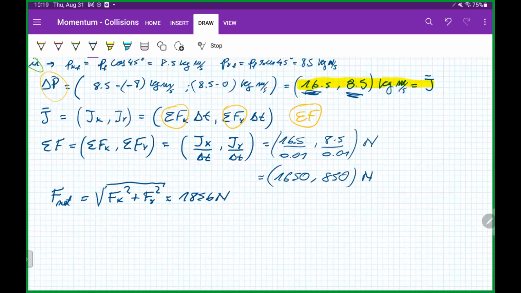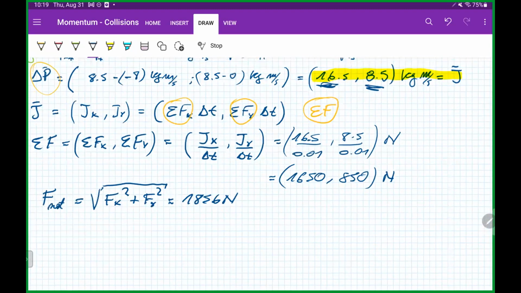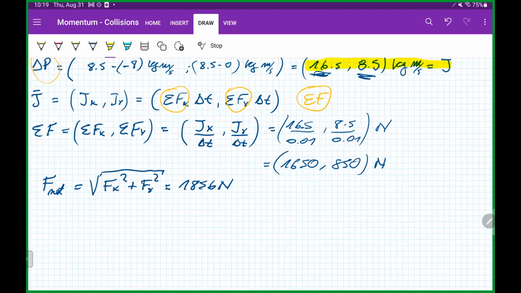So we have the modulus of the net force, but we don't have the angle. We know it's a vector, so we need the angle, and this won't be complete until we give that. In order to calculate that, we can do simply Fy divided by Fx.